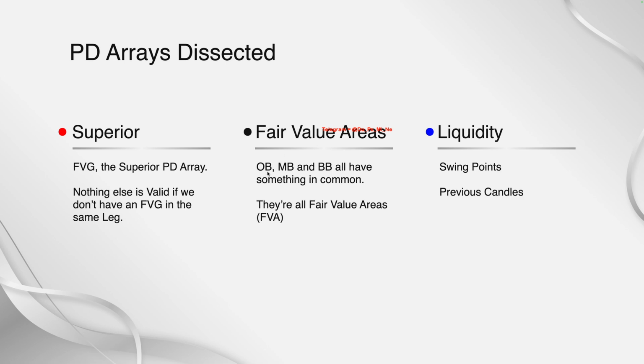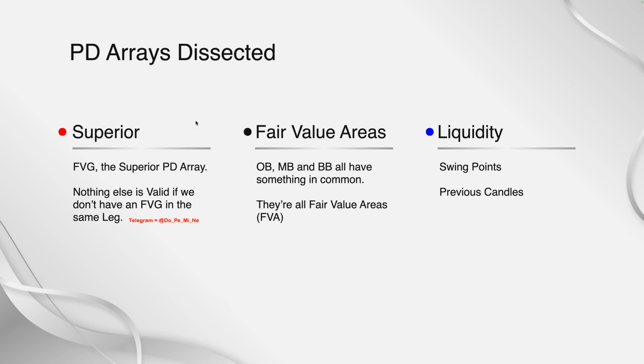So an order block, a mitigation block, and a breaker block, then we need to also have a fair value gap. So the fair value gap is everything, as in it's the superior PD array. Without a fair value gap in close proximity to those order blocks, mitigation blocks and breaker blocks, those fair value areas are simply not valid. I'll show you exactly what I mean later on as well.